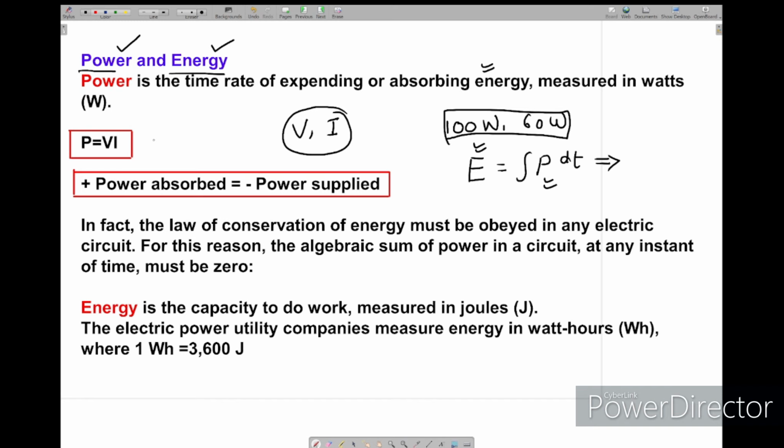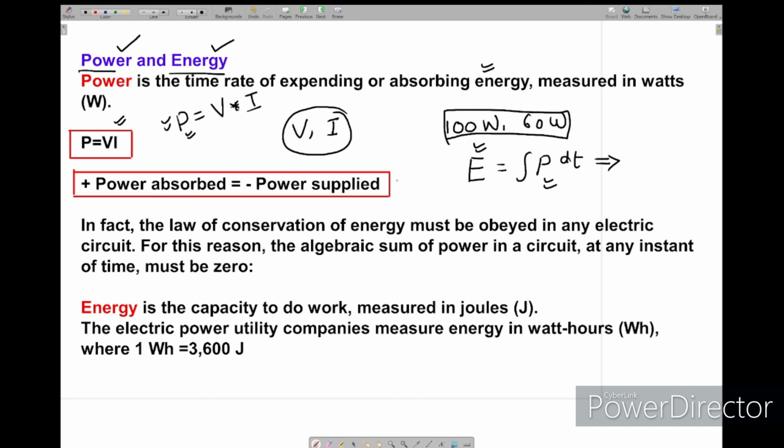And in electrical networks, we will mainly use this formula: power equals voltage times current. This is the fundamental formula to calculate power. In any electrical network we will talk about two quantities, one is power absorbed, and one is power supplied.